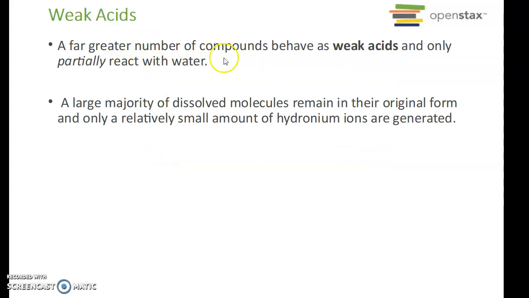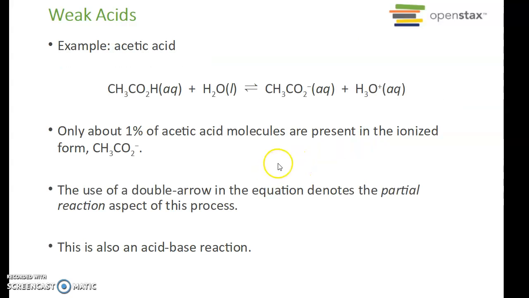Weak acids are compounds that only react partially in water. A large majority of dissolved molecules remain in their original form, and only a relatively small amount of hydronium ions are generated. These would include acetic acid and many of the other organic acids.